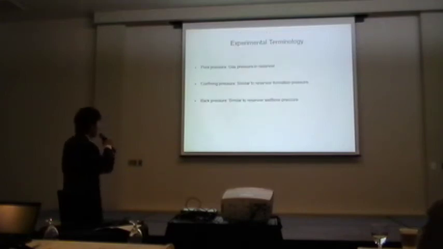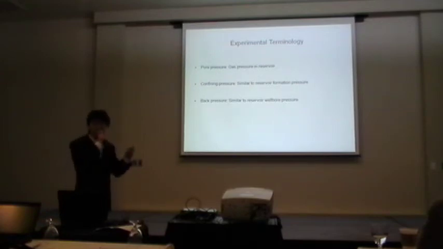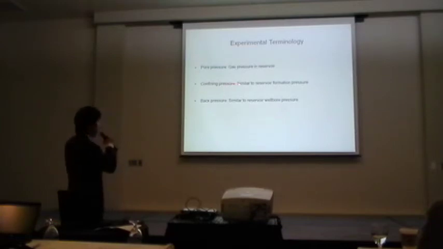Here's our experimental terminology. First, the pore pressure is the pressure we use our system to inject the gas into our sample. So it's like we mimic the reservoir situation. And we have confining pressure, which is similar to the formation pressure.